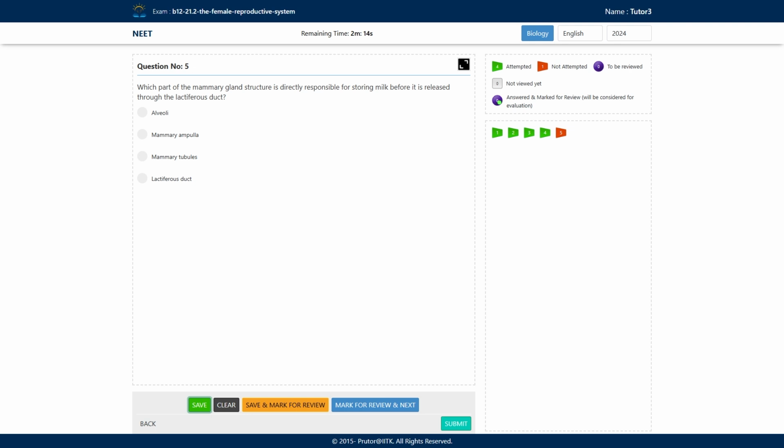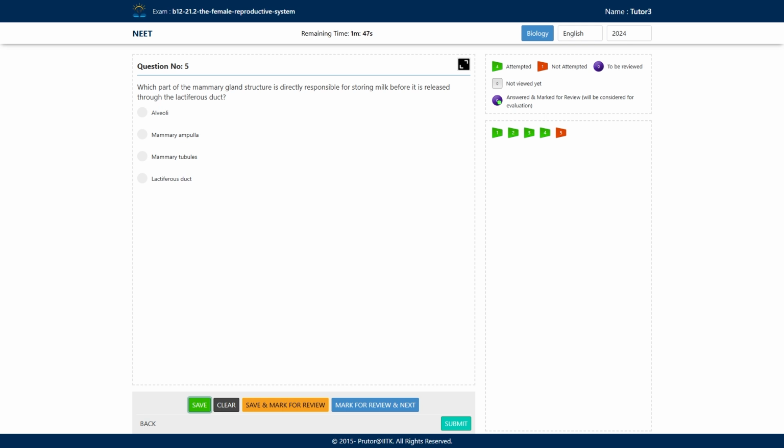Now, next question: which part of the mammary gland structure is directly responsible for storing milk before it is released through the lactiferous duct? So milk is finally sucked out through the lactiferous duct. But where is the milk actually stored? Or which cells produce milk? Okay. What are the options?